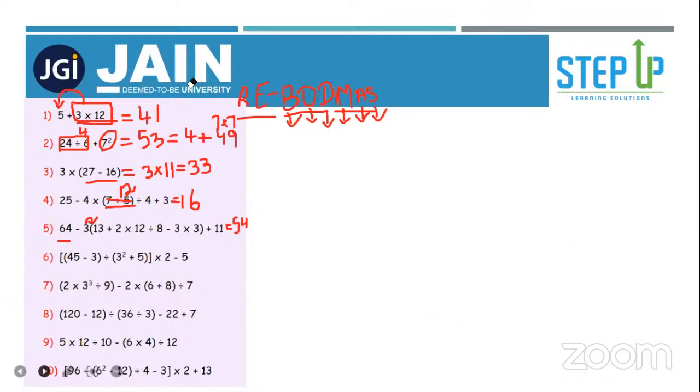Yeah, next one. 45 minus 3, so it's a square bracket. 42 divided by 3 square is 9. 9 plus 5, so that is 14. Square bracket close.